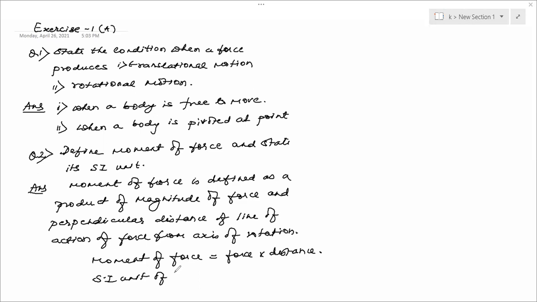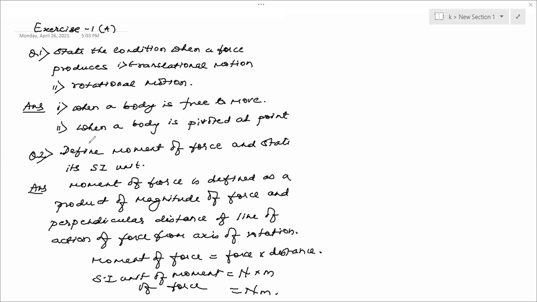So, the SI unit of moment of force is, from this formula, force into distance. Force's SI unit is Newton, and please keep in mind capital N. And distance is meter. So Newton meter. You can always call it Newton meter.